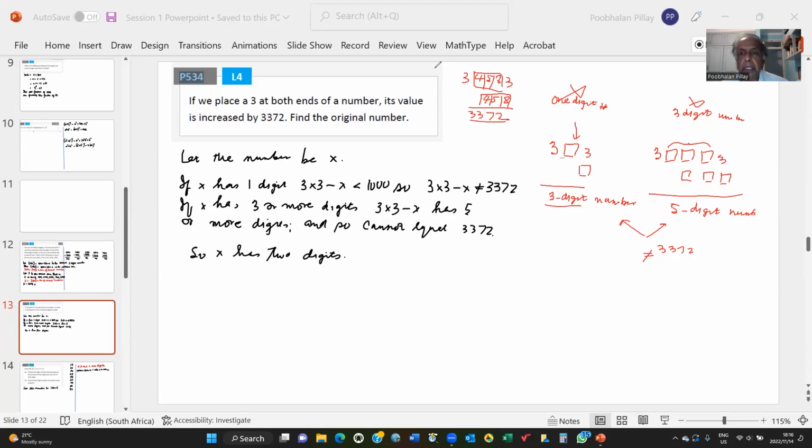So what we can do is let X be equal to the 2-digit number, and we know the value is 10A plus B. So what do we have? We have this 4-digit number, 3, then this 2-digit number, the original number in between, and 3 on both sides, and you subtract the original number.